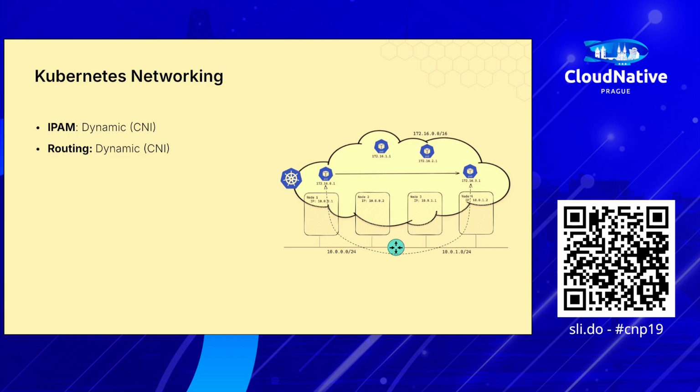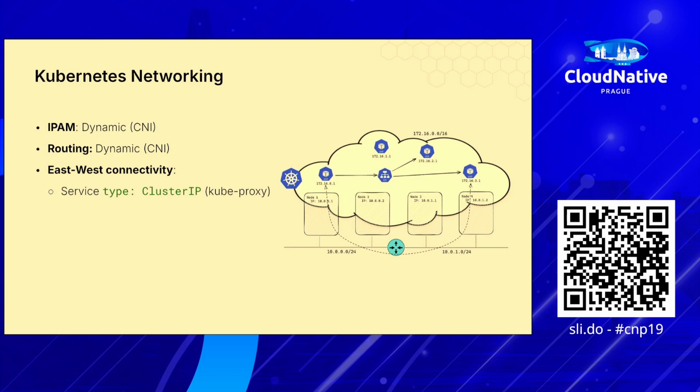Every pod in a Kubernetes cluster should get an IP address, and there should be connectivity between those pods. So the pods can be running on different nodes, and there should be connectivity provided between them.